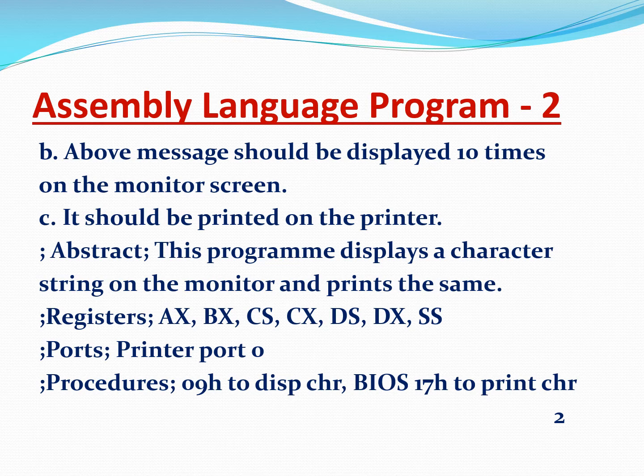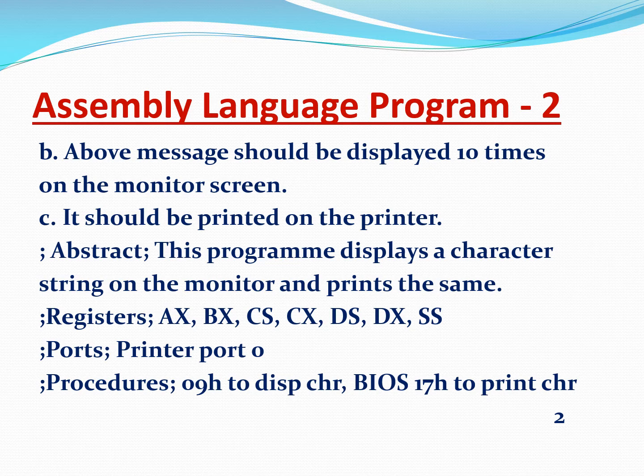Now, as usual, first we write down the abstract. Of course, we have to give the semicolon, and then we write that this program displays a character string on the monitor and prints the same. Then the resources which we are using: first the registers AX, BX, CS, CX, DS, DX and SS.